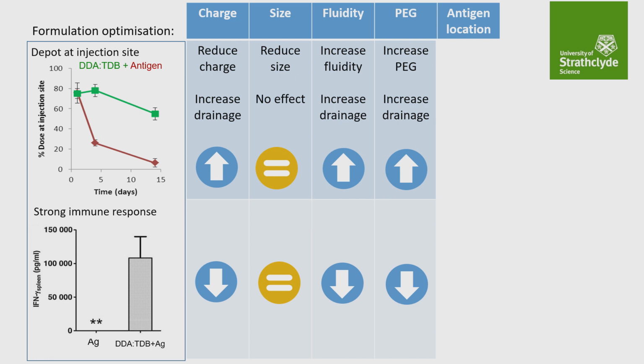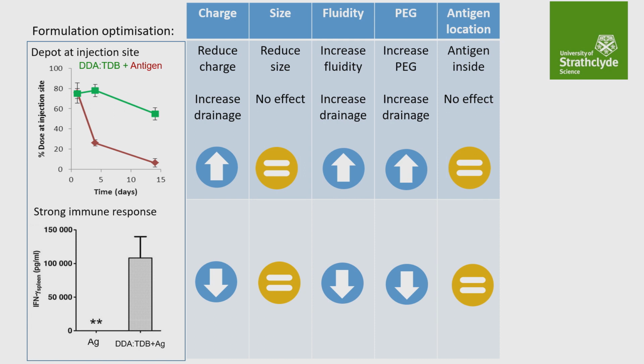That really nicely moves our liposomes away from the injection site to the lymph node. But the presence of the PEG also resulted in a reduced immune response. Finally, we did look at if we put the antigen inside versus the surface, what difference it made. Well, it made no difference to us. So there was no advantage with this particular formulation for us to incorporate it inside.